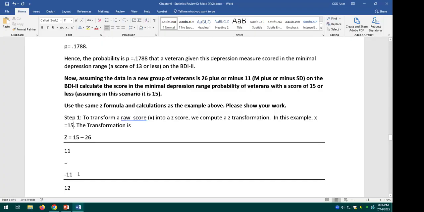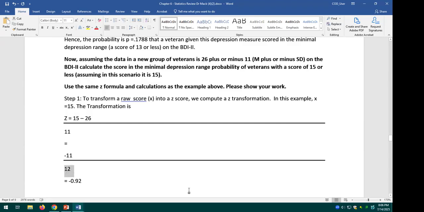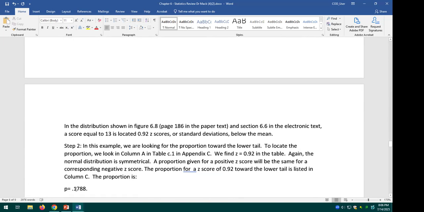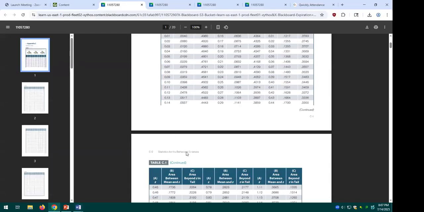So can someone tell me what that would be? 15 minus 26? Negative 11 divided by 11, right? So that'd be -1. So our P is going to change, right? So we're just going to look at one back here.